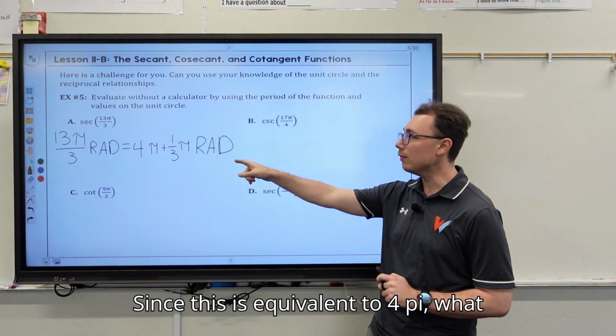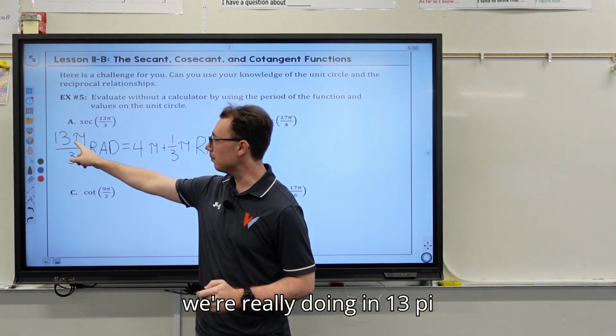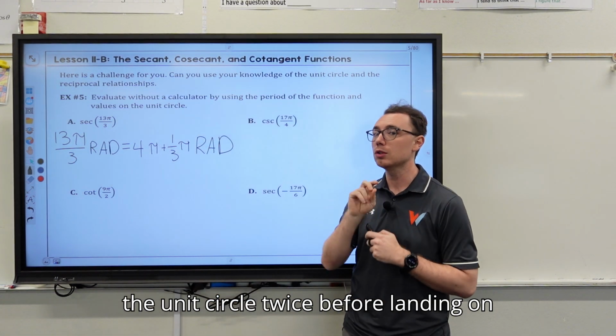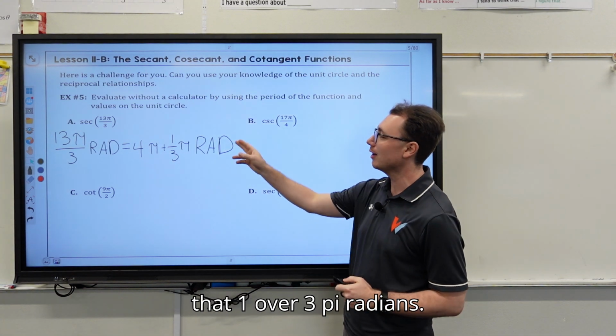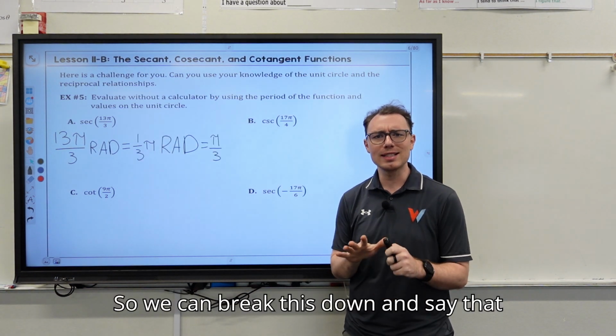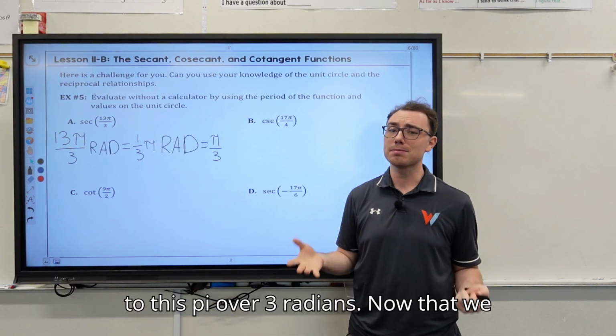Since this is equivalent to 4 pi, in 13 pi over 3 radians we're rotating around the unit circle twice before landing on that 1 over 3 pi radians. So we can say that 13 pi over 3 radians is equivalent to pi over 3 radians.